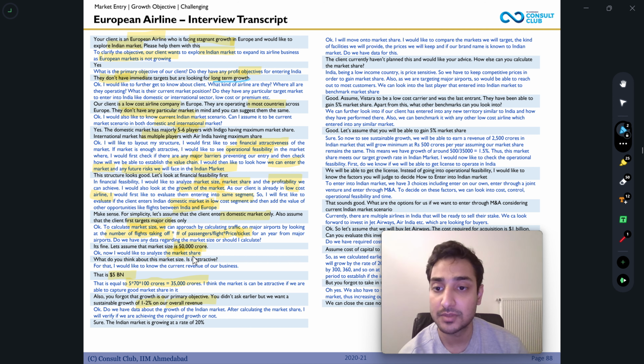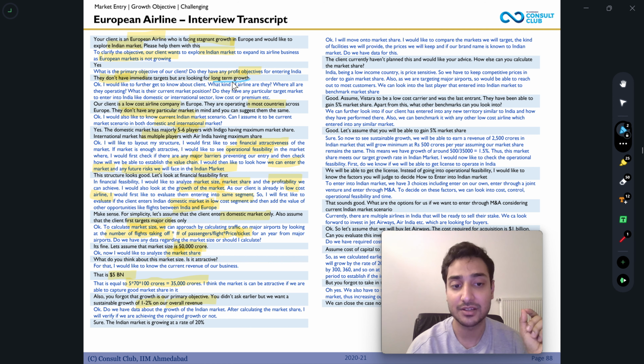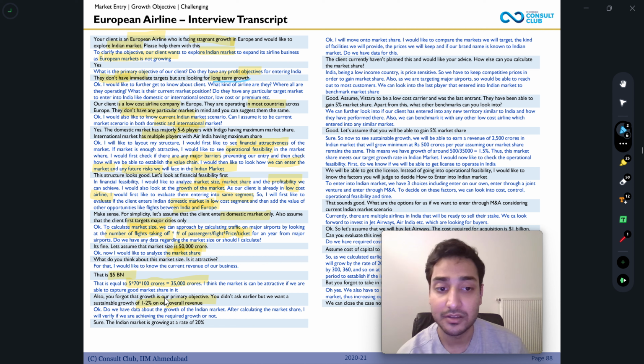In terms of answering whether the market is attractive for the client, you have to make sure that you don't forget this point: attractive in terms of what exactly the client is looking for. For long-term growth, it could be better if you had asked to understand the growth of this industry, and that would give an idea that you are keeping in mind what the client is looking for. But yes, the client is looking for 1 to 2% overall revenue growth.